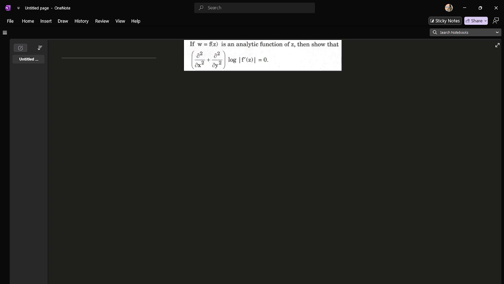So this question arrived in our paper and it's a question of complex analysis. The question asks us to show that if W equals f(z) is an analytic function of z, then del square by del x square plus del square by del y square of log of mod f dash z is equal to 0.